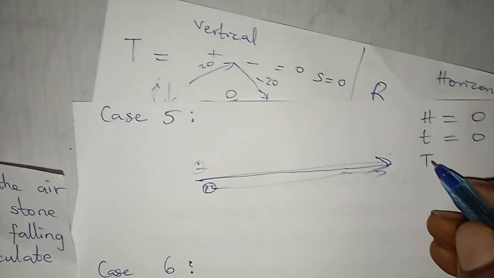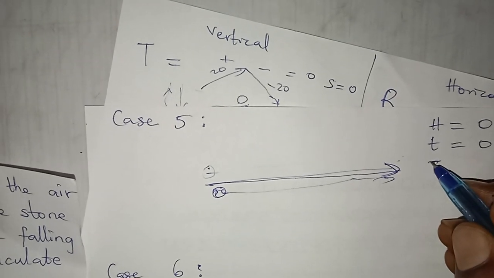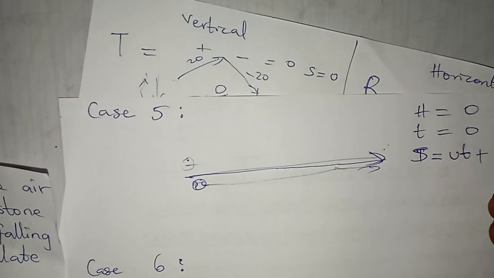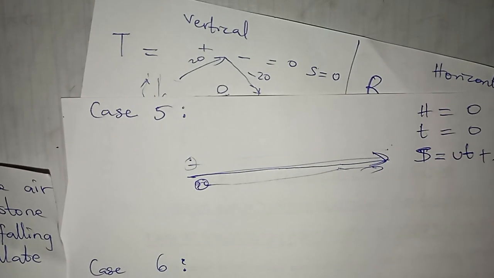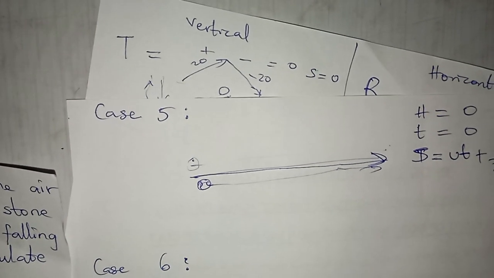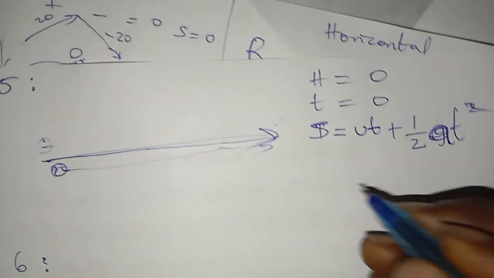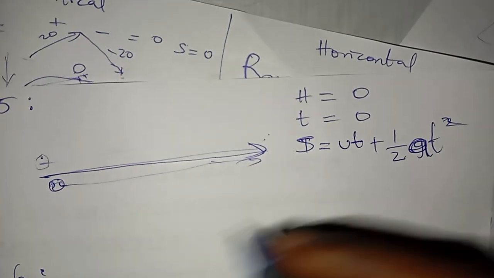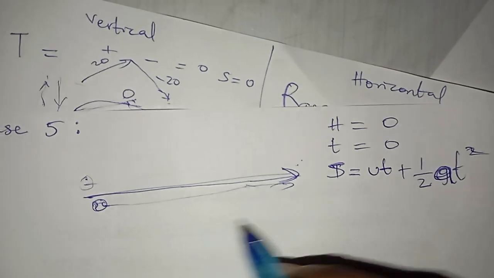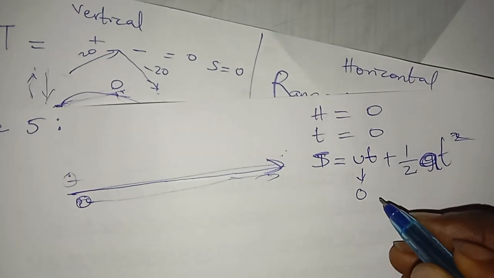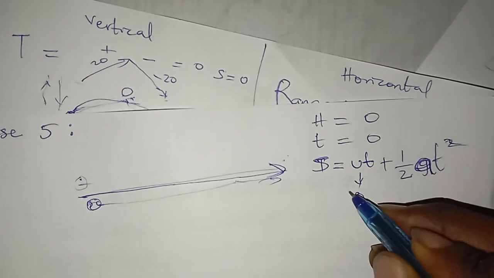So I will simply get it by doing S equals ut plus half at square. Very important formula. If I know this, I will now ask myself, whatever initial velocity I'm given is for the horizontal axis. So if it's 50, it will be there.